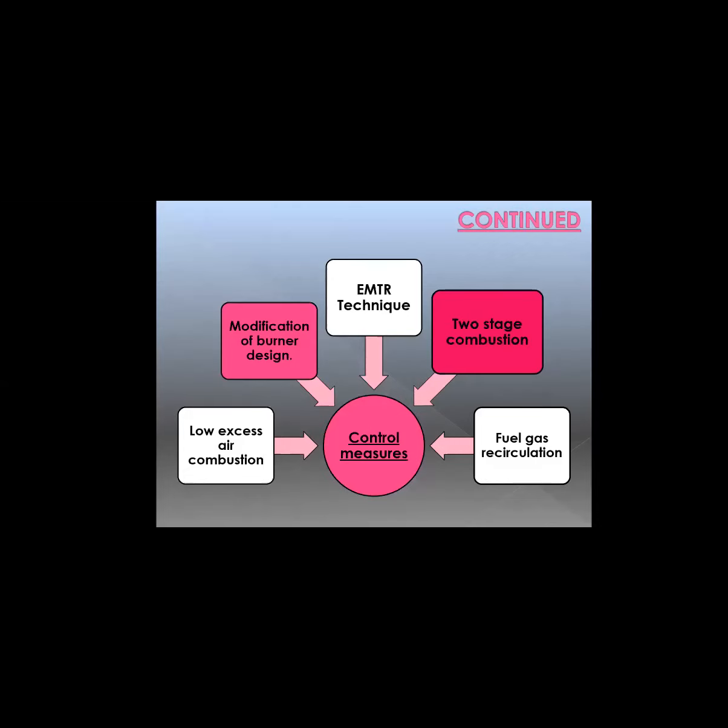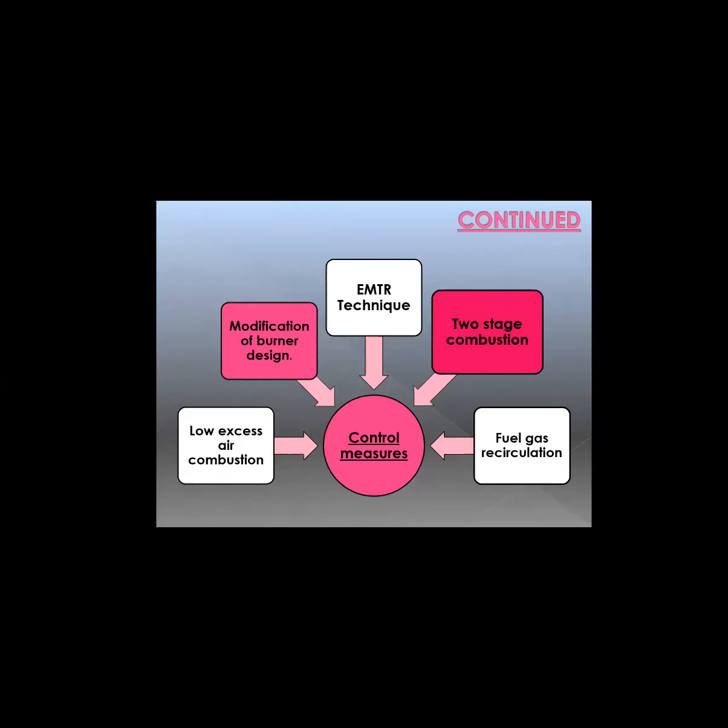Next is modification of burner design. Now, in the power plants, it has been found that if we bring about some modifications in the design of the burner, then the emissions of oxide of nitrogen can be minimized. And how it can be done is, the burners are located in the corners of the boiler in a tangential firing, rather than exactly keeping it below.